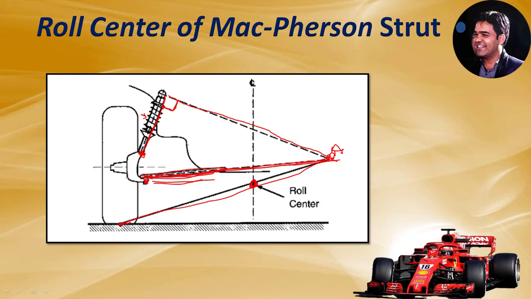The line which joins this pivot point and the contact patch center, where it intersects the vehicle center line, gives the roll center of this type of suspension. This is the method by which you can identify the roll center of a MacPherson strut type suspension.